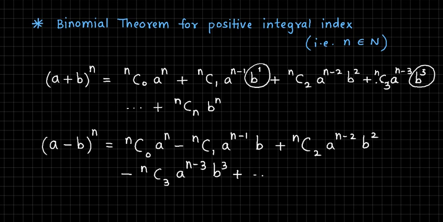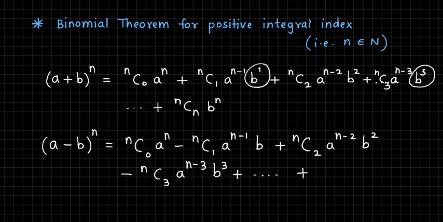And so on. Now how do we know the sign of the last term, because it depends on whether n is even or odd. If n is even, we want the last term to be positive, and if n is odd, then we want the last term to be negative.